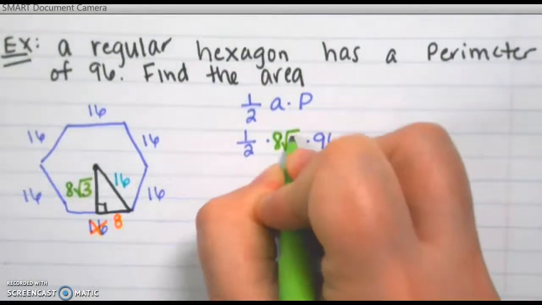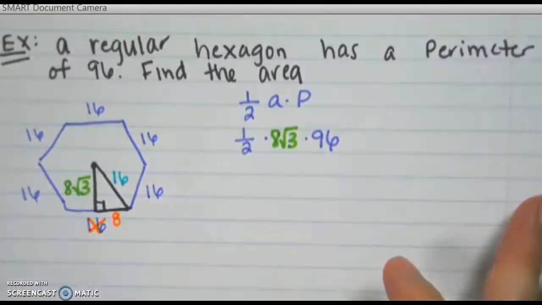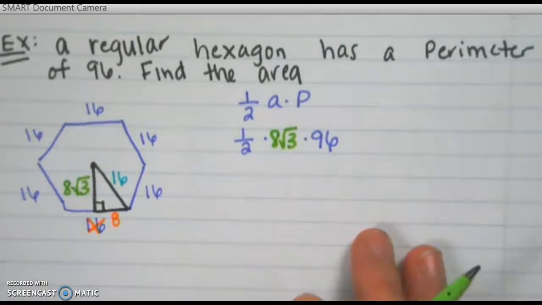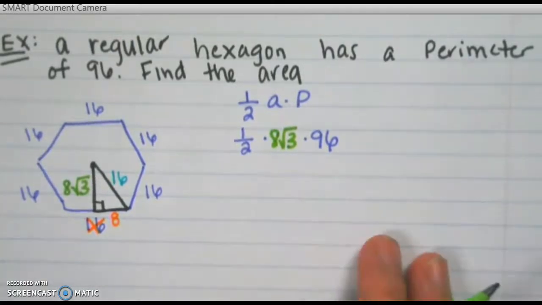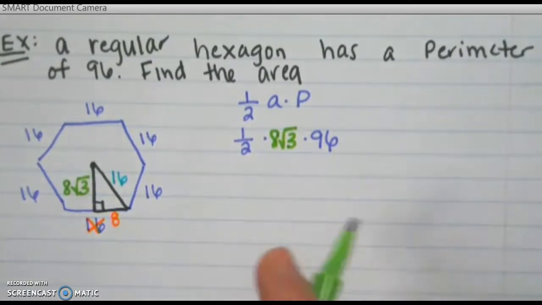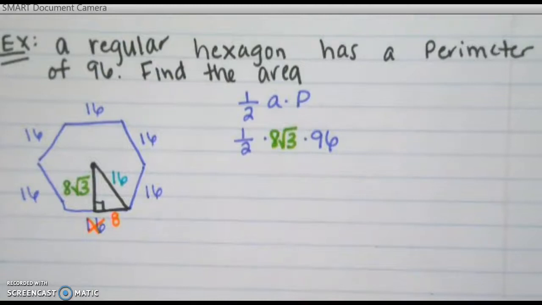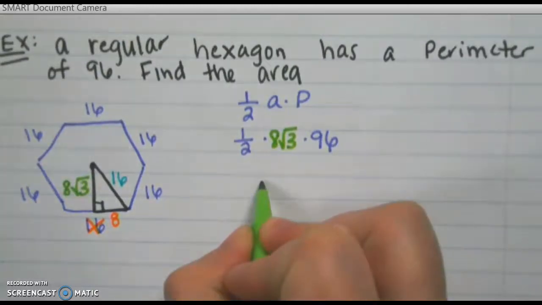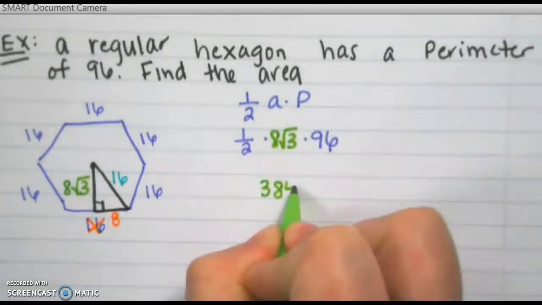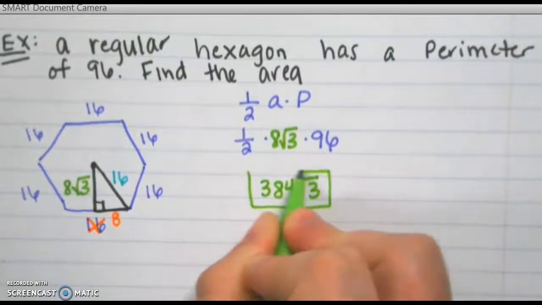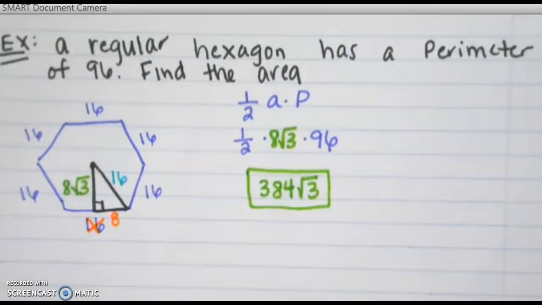And so what we do a lot of times when we have square roots is we do the multiplication that we can without the square root. So I'm going to multiply the 1/2 and the 8 and the 96. The 1/2 times 8 times 96, and that's going to give me 384. And I'm just going to write my answer as 384 square root of 3.